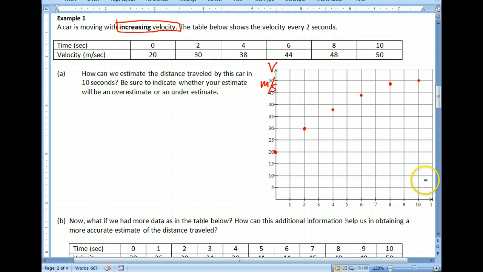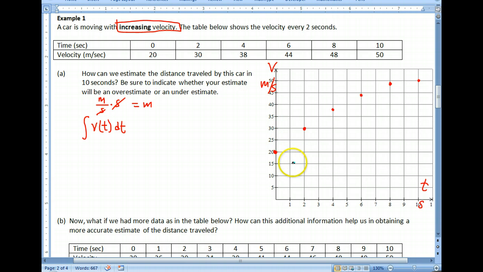This is time in seconds. So if I find the integral of v of t dt, this is going to be meters over seconds times seconds, which gives me just meters. So the area under the curve gives us meters.